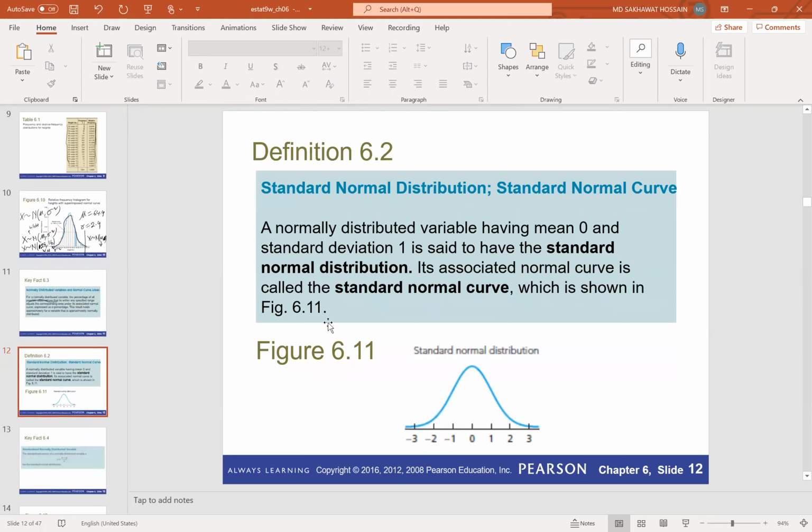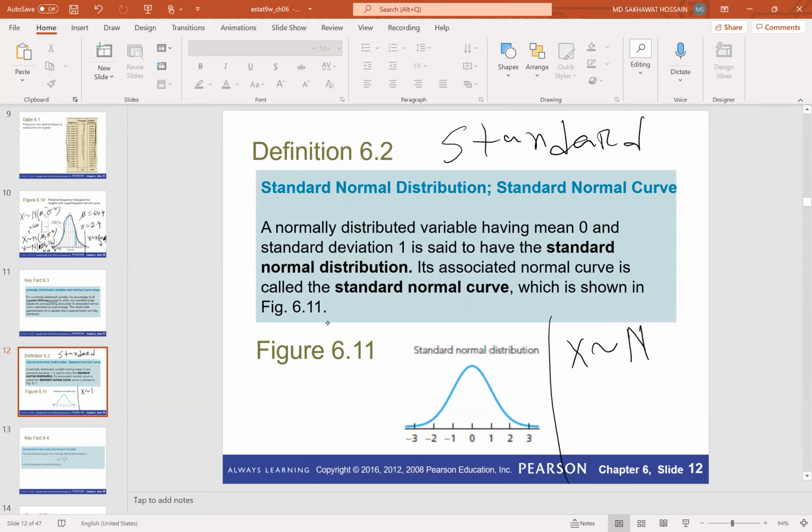Okay, so the standard normal distribution. We know the normal distribution, but what is a standard normal distribution? In the normal distribution, the notation is mu and sigma squared. We already know how to standardize a random variable.